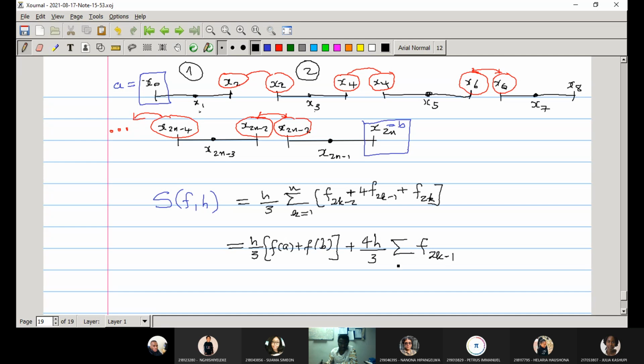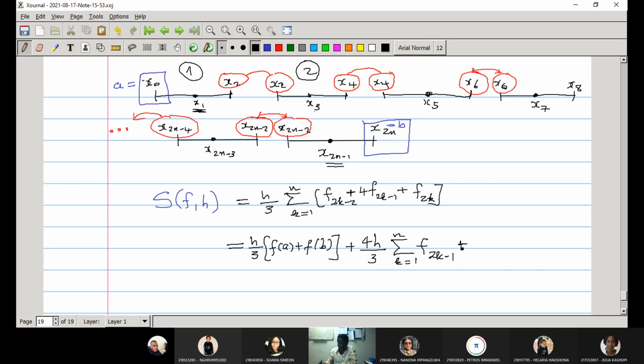So I can put k here running from 1 to n. You can see that when k is equal to n, you have 2n minus 1, which is the middle point here. So everything's there. When k is equal to 1, 2 minus 1 is 1, which is the first midpoint here, x1. So you see the formula is correct.